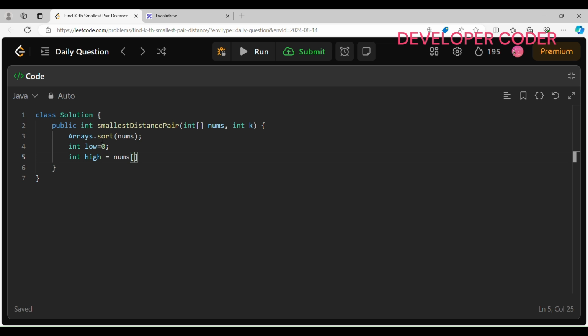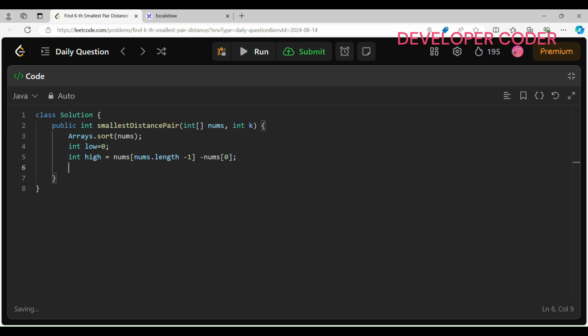nums.length minus 1 minus nums of 0. That's it.